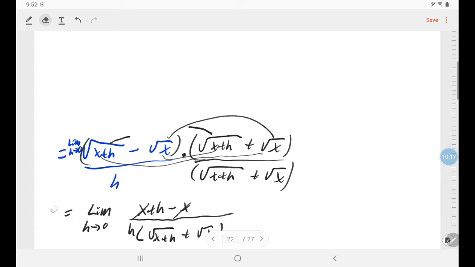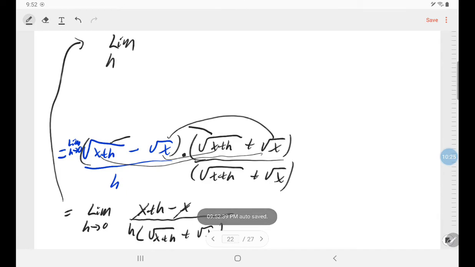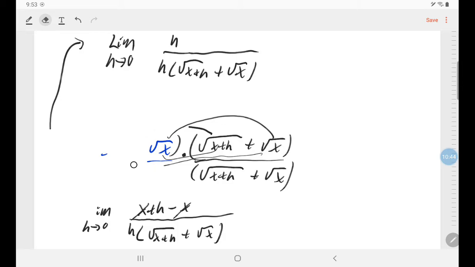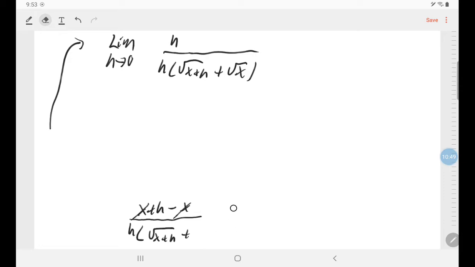That's going to take me to the limit as h approaches 0 of h over h times root x plus h plus root x. Now you can see why I didn't distribute that bottom, because there's an h on top and an h being multiplied on the bottom.